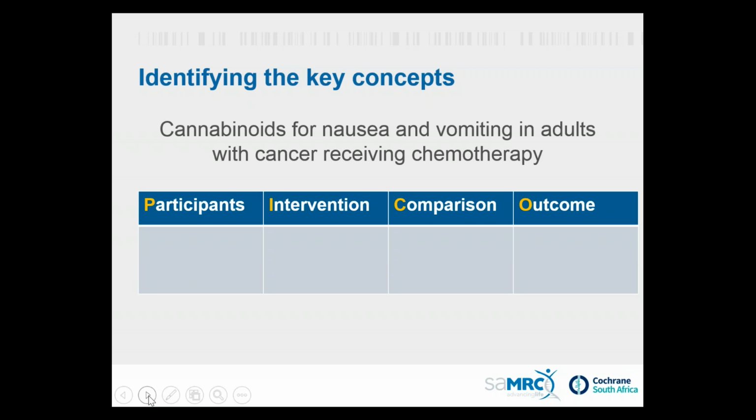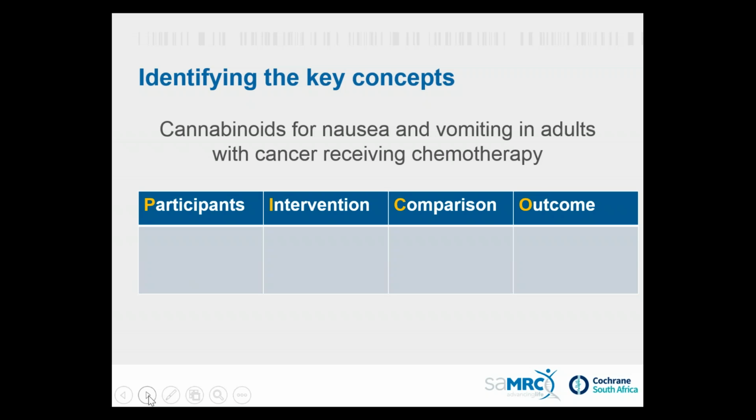So we're looking at what is the intervention to prevent the vomiting. So cannabinoids is correct. And then is there a comparison? No. That's correct. We haven't indicated any comparison.